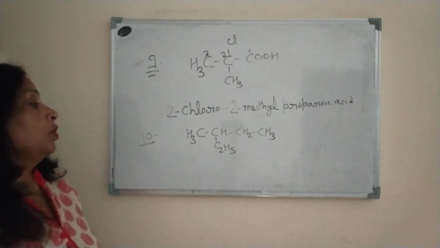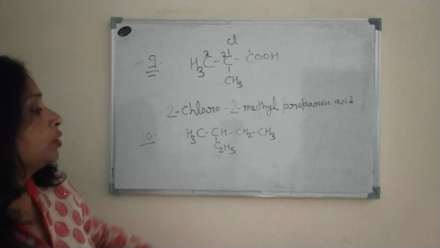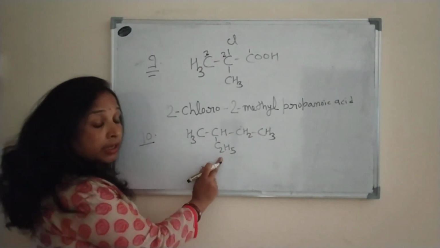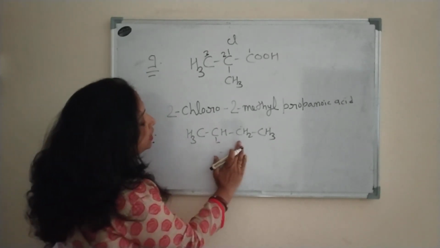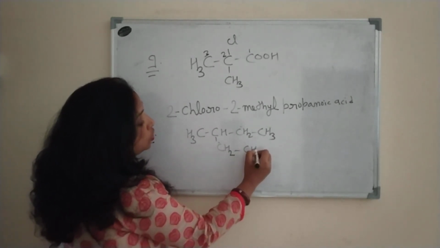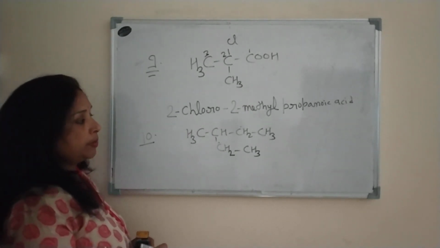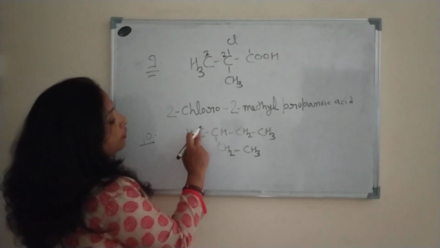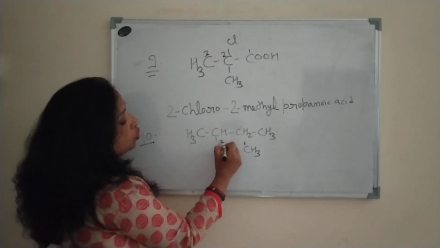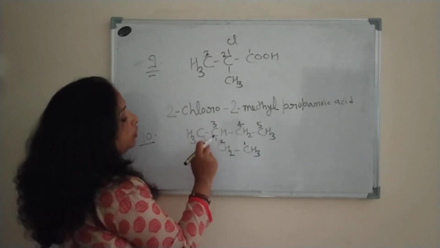We have to give the number of this hydrocarbon. The longest chain is 1, 2, 3, 4. No. When an ethyl group is present, we have to open this ethyl group like this: CH2, CH3. Now choose the longest continuous carbon chain, which is 1, 2, 3, 4, 5.